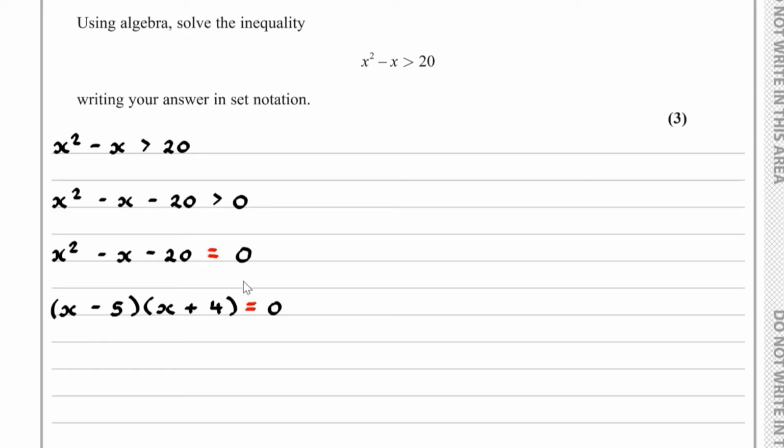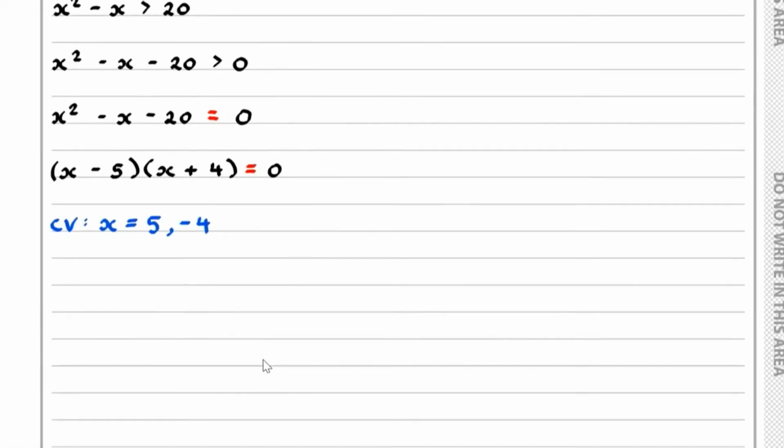And if we solve to find our critical values, if x minus 5 is equal to 0, x is equal to 5, and if x plus 4 is equal to 0, x is equal to minus 4. We have found our critical values.